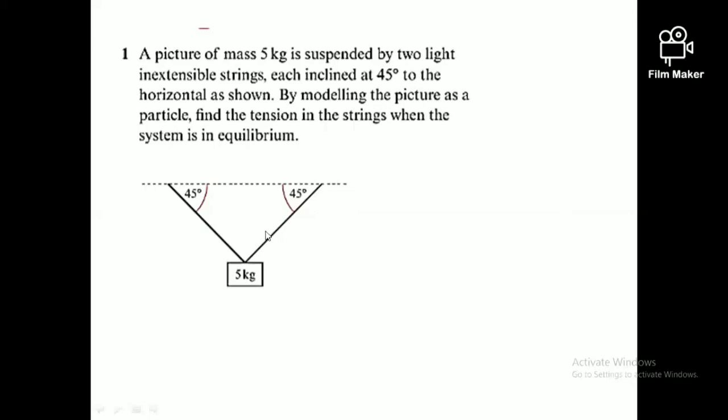The other condition is if these two angles are different, suppose this is 45, this is 30. In that case, with two strings, you cannot say the tensions are similar. If you connect two different tensions with two angles, the tensions are not similar. And if there is symmetry, you can say the tensions are similar.